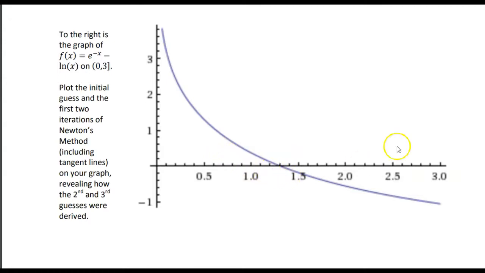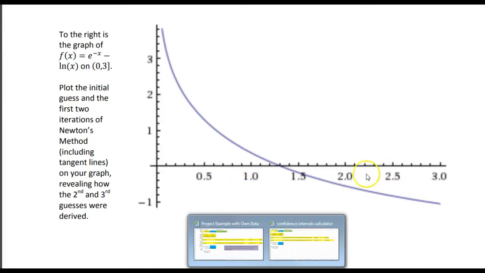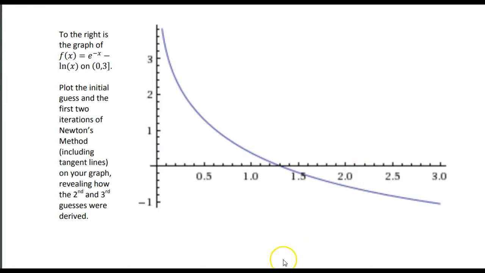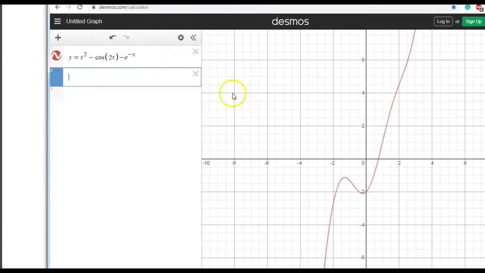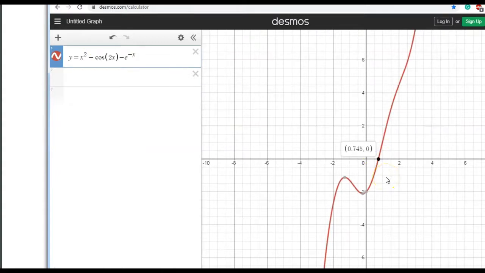Now I'm going to give you another problem with this example, because I want to go through how to use Excel for this. So I've got here a function, and it's 0, and that's what we're going to be trying to approximate.